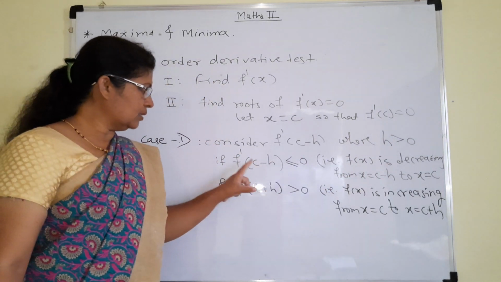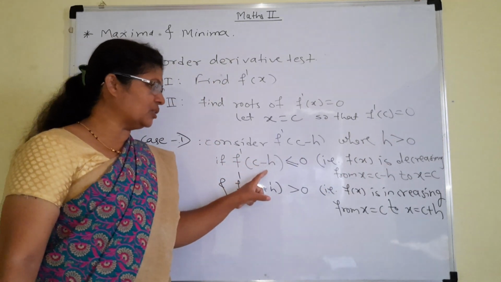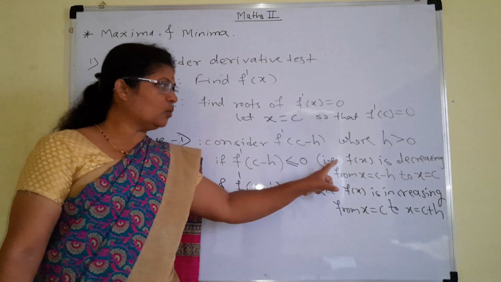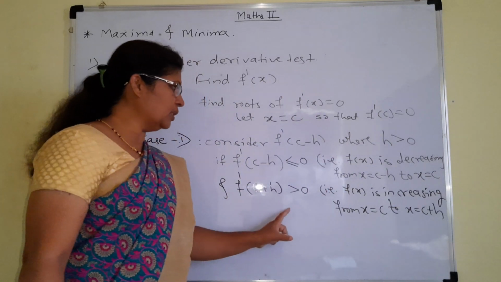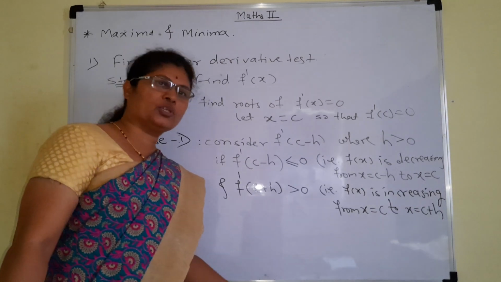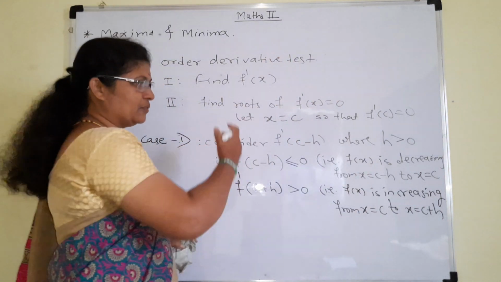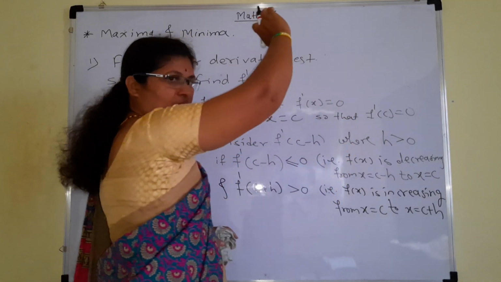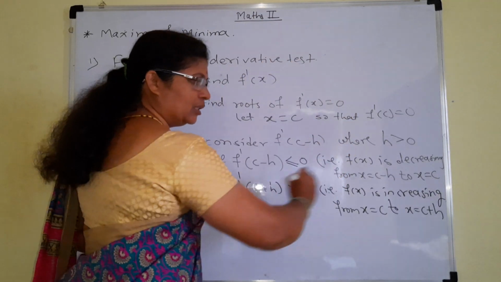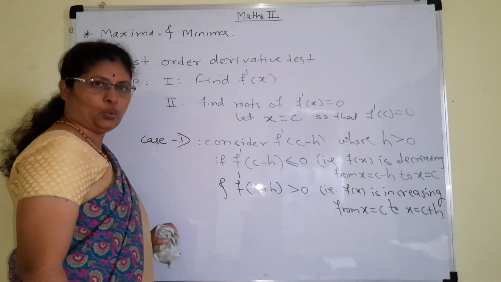Now look at this. f dash of c minus h less than or equal to 0 means my function is decreasing, and greater than 0 means my function is increasing. So the function decreases, and after c it is increasing, and for x equal to c the slope of the tangent will be 0.